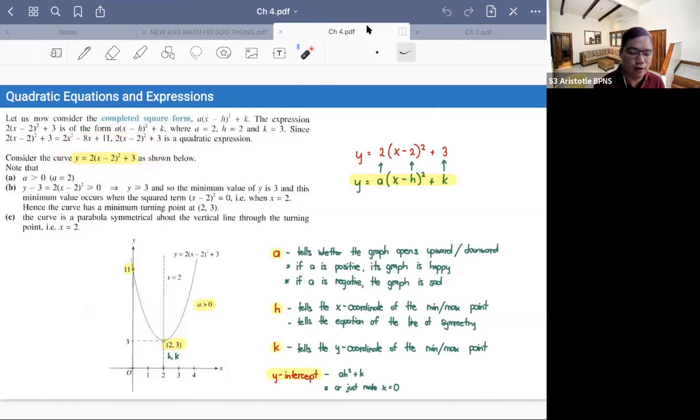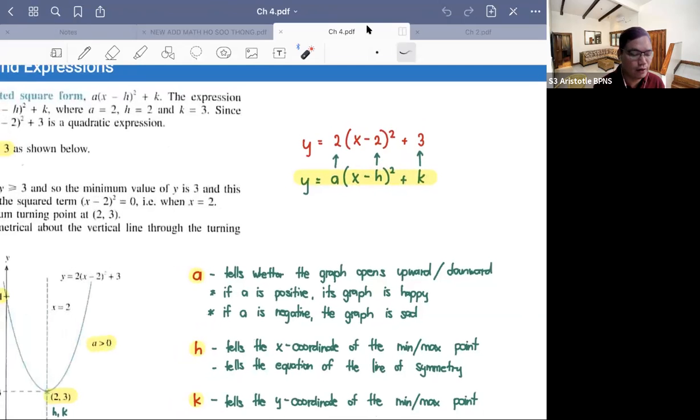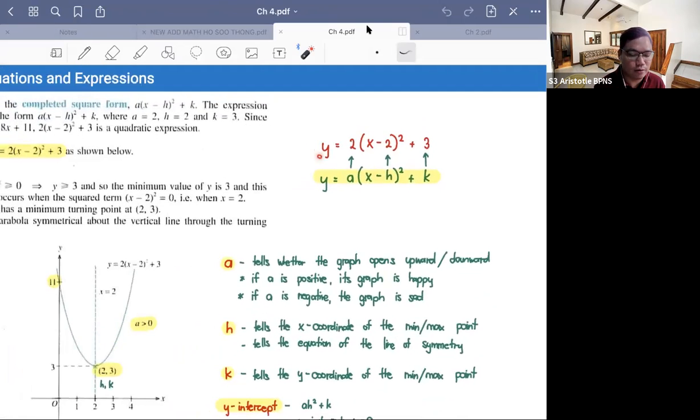So again, by completing the square, this is the format, right? This one. So a times x minus h and then squared plus k. So from this example here, the example here is this: y equals 2 times x minus 2 squared plus 3.